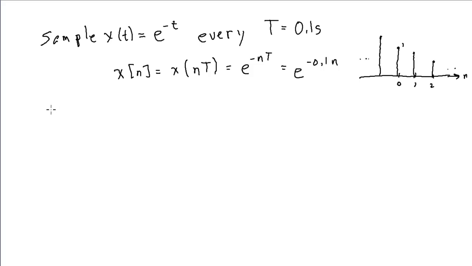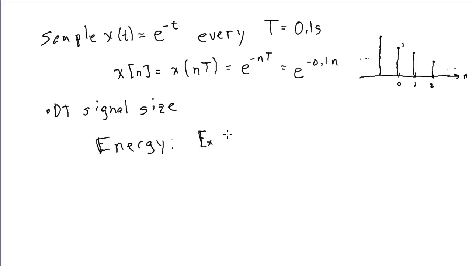Similar to what we did for continuous time signals, we can characterize the discrete time signals by what we'll call their size. And this is not typically their amplitude, but rather we commonly encounter two types of signals. Energy signals, for which we can compute the energy.